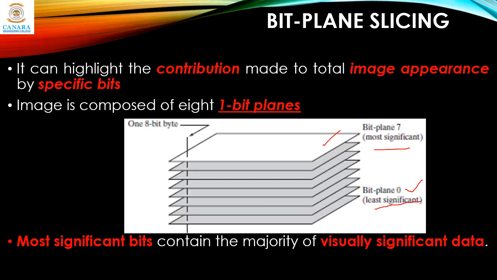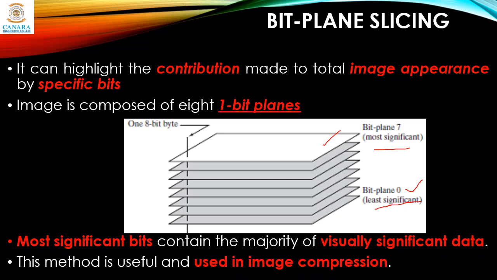The most significant bits contain the majority of visually significant data, and we can use this method for image compression and other processes. Like you can imagine, if you have an 8-bit image, 1 0 1 1 0 0 1 0, if this is the pixel value, then this is the LSB and this is the MSB.